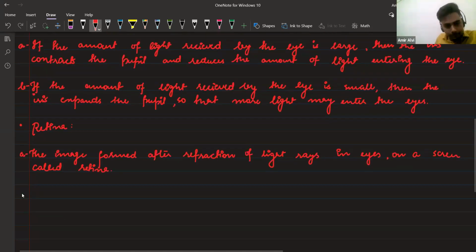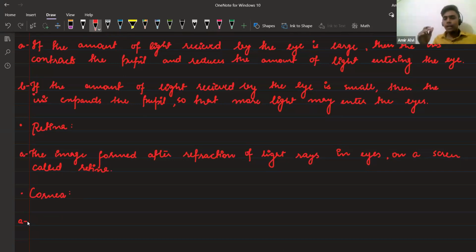Next is the cornea. The cornea is the outermost layer, a kind of jelly layer in our eye, that refracts the maximum amount of light, around 65 to 80% of light. It is refracted by the cornea, the outermost layer, right?